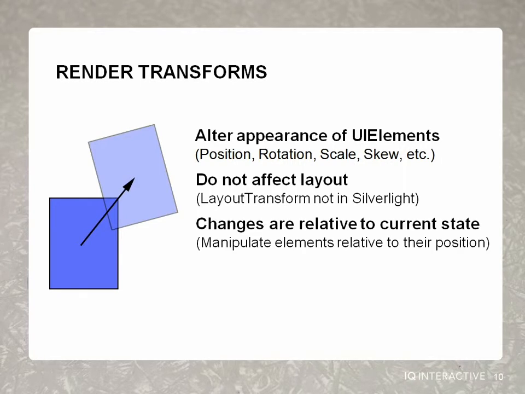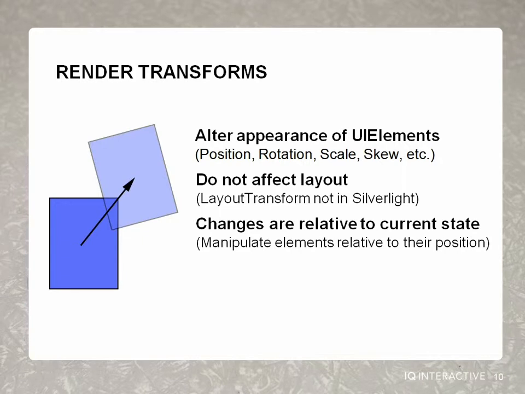So keep in mind, as part of that, that all the changes you make in a render transform are relative to the current state. So if you do a render transform on an object, let's say that makes it 1.5 times larger, and it's originally 100 pixels, then when that render transform occurs, it's going to be 150 by 150, right? 1.5 times 100.